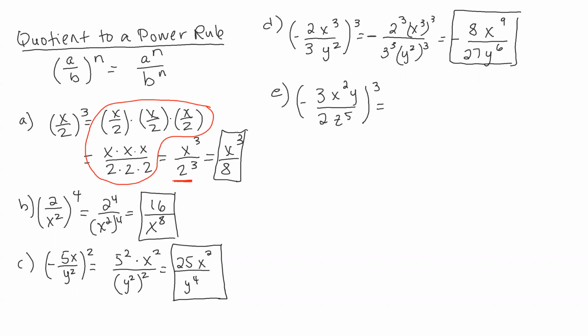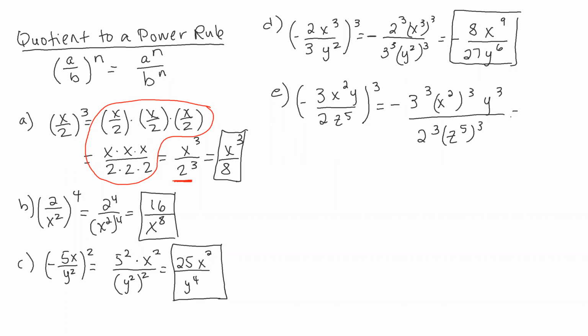That means this entire quotient is going to be negative. So now that I know everything's going to be negative, let's bring that exponent of 3 inside. I'm going to get 3 to the third, x squared to the third, y to the third, all over 2 to the third, z to the fifth to the third.